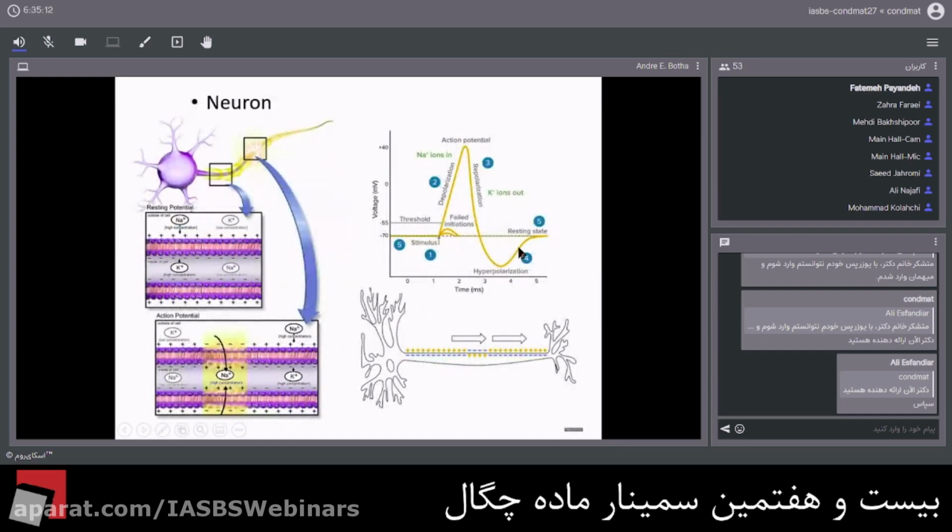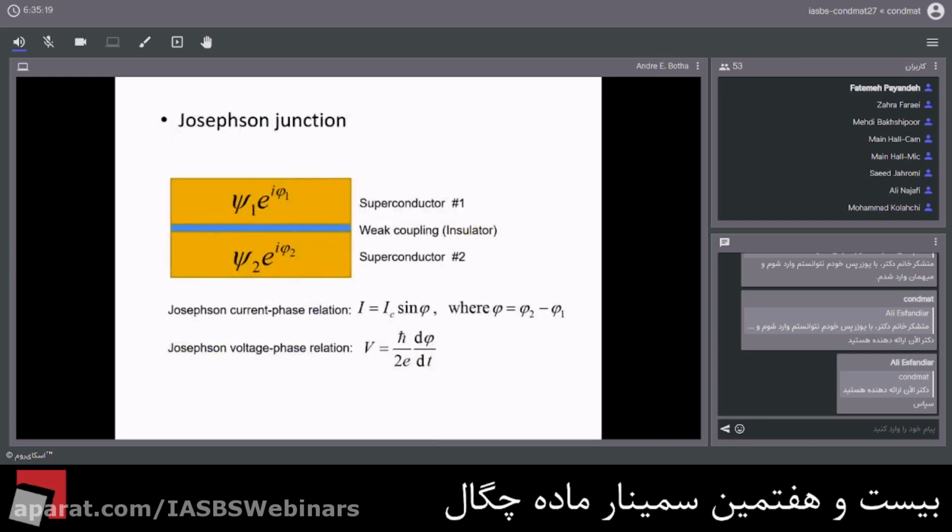Now that I explained a bit about the neuron, let me now explain a little bit about the Josephson junction. The Josephson junction was postulated by Josephson in 1962 already. He had the idea, or he worked out, that if you place two superconductors next to each other, there's a possibility that current can flow across the gap, even for zero applied voltage.